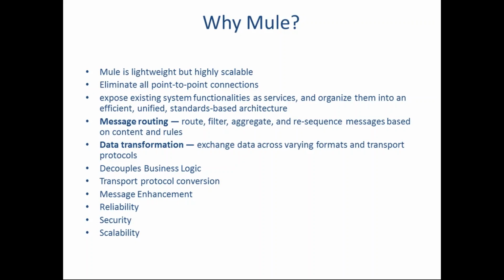And data transformations. So with data transformation, your front-end systems and your back-end systems may have different kinds of formats. The front-end system may have XML, JSON, or CSV format, whatever it is. So Mule will not bother about what format we are picking.